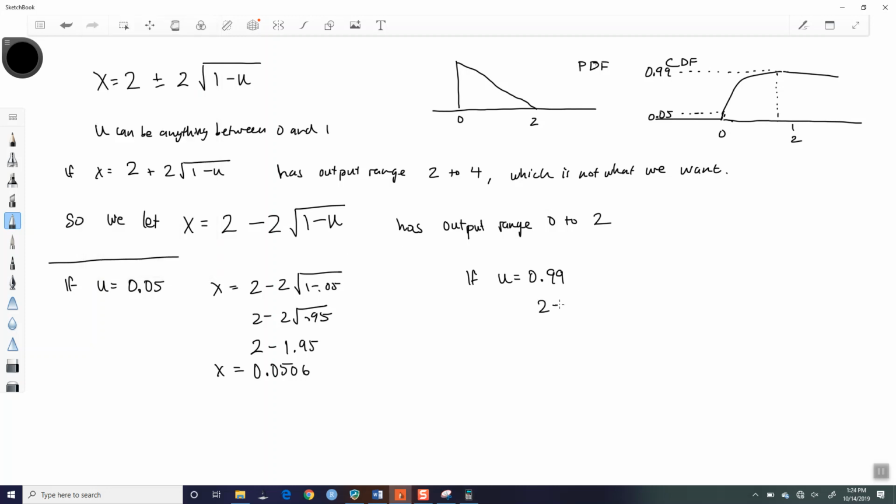I get 2 minus 2 times the square root of 1 minus 0.99, 2 minus 2 root 0.01, so 2 minus 2 times 0.1, and I get 1.8. Okay, and that matches what we would expect for our values.